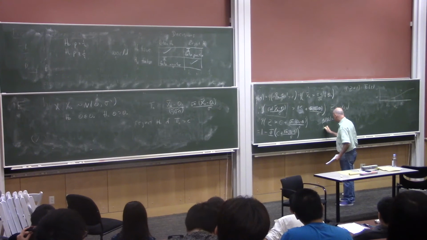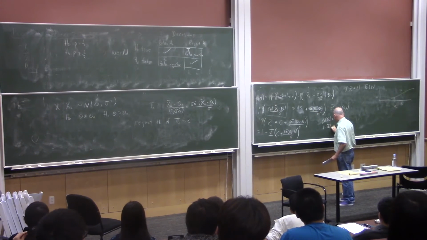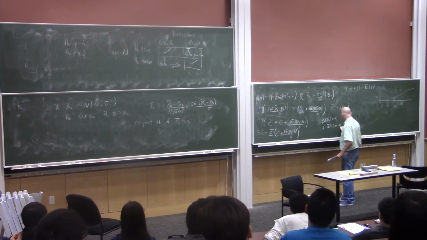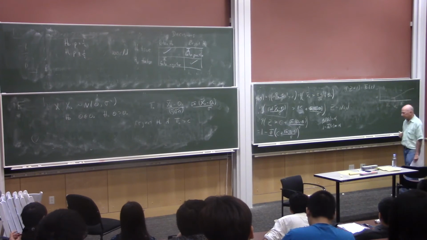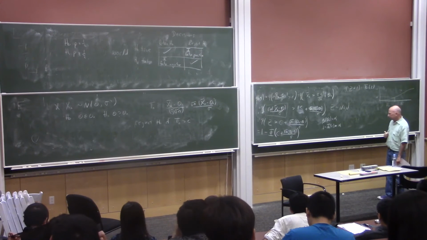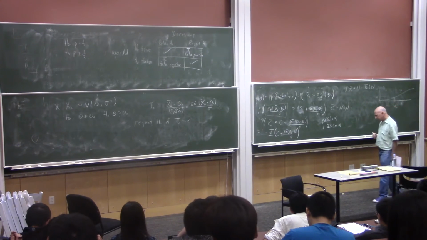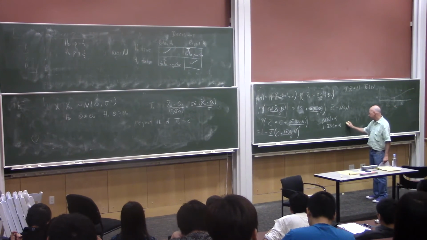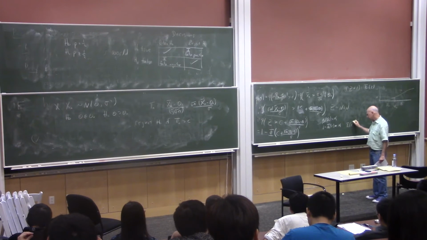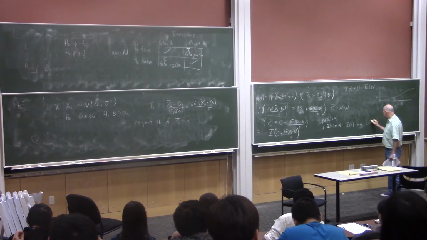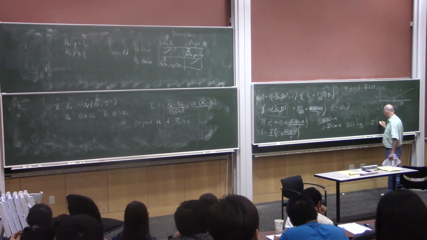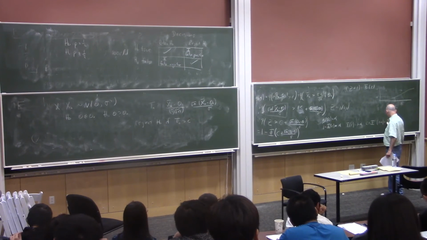So what I get is that 1 minus phi of c has to be equal to alpha. Or in other words, phi of c has to equal 1 minus alpha. So c has to equal phi inverse of 1 minus alpha, which is what we call z alpha.